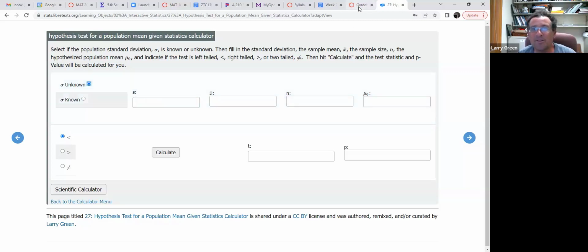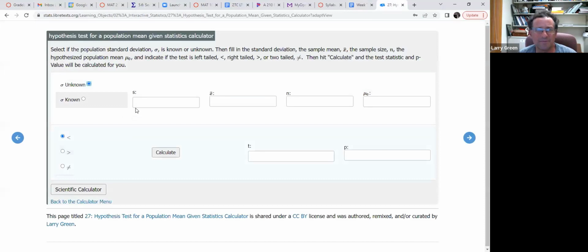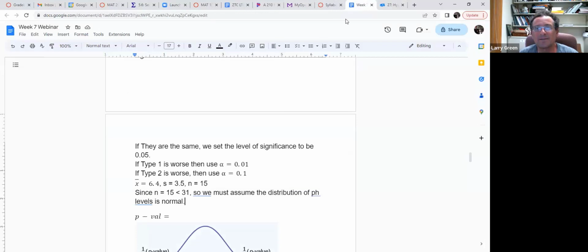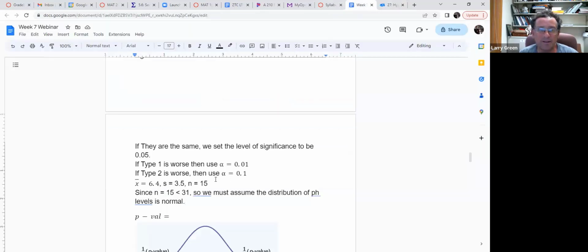Okay, and then you put in your numbers. We have S, which was 3.5. We have X bar, which was 6.4. We have N, which was 15.